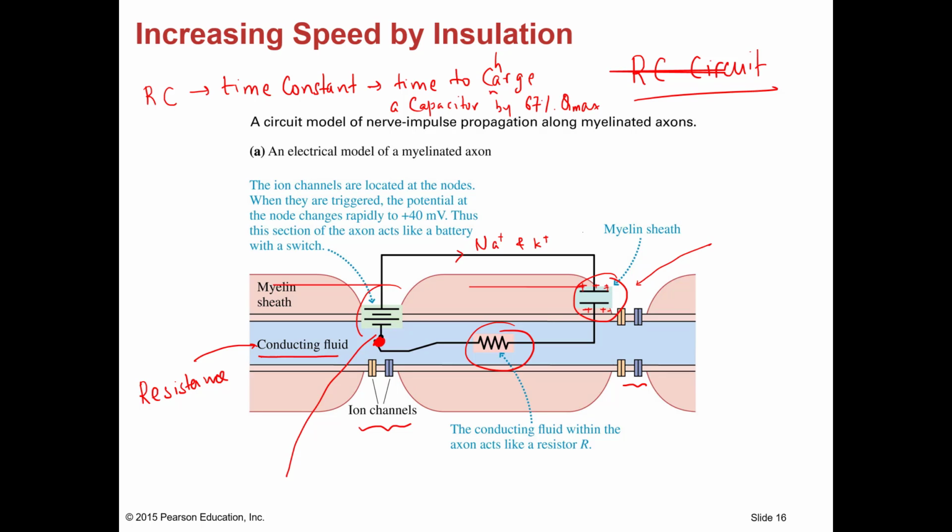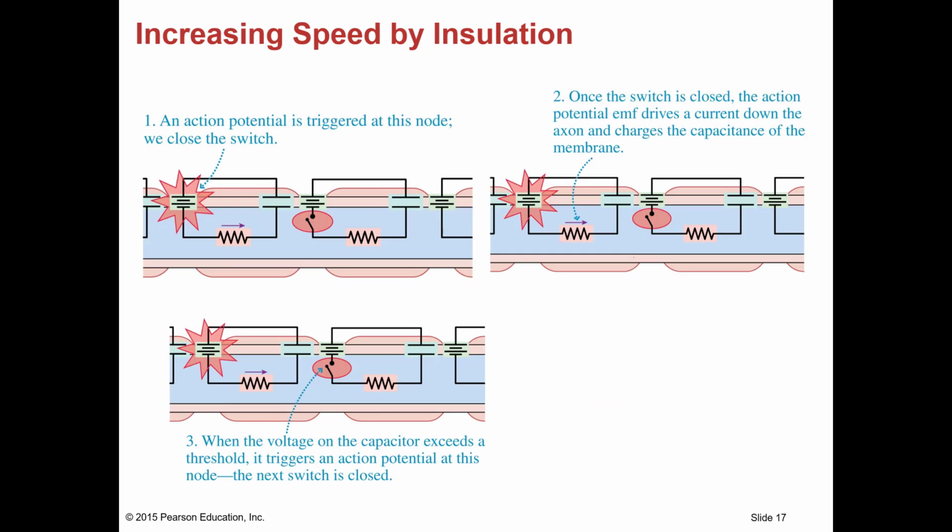This RC circuit also has its characteristic time constant, during which it would be 67% full. Once it's 67% full, this part will trigger the adjacent part, the next RC circuit. So we have an RC circuit here, here, and here. It's a continuous line of RC circuits.